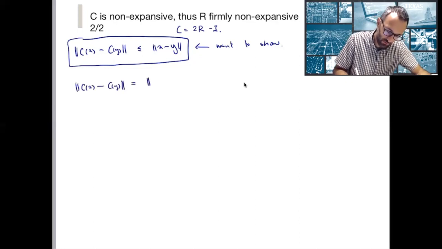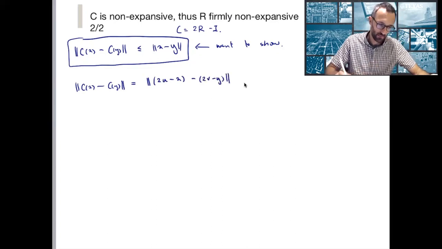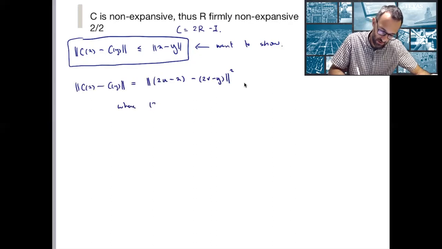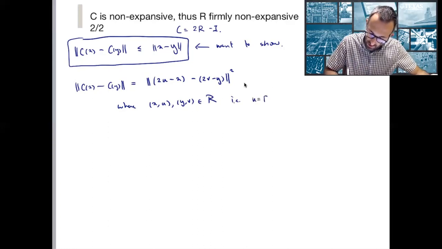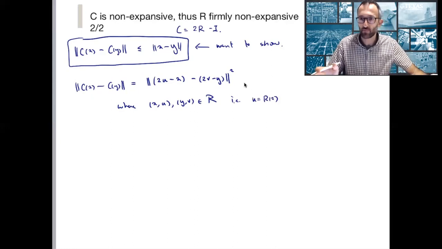is equal to the norm of (2u minus x) minus (2v minus y), squared, where x, u, and y, v are in R. In other words, to use notation just a little bit, I'm writing that u is equal to R of x. Note that I'm using the single-valued property.